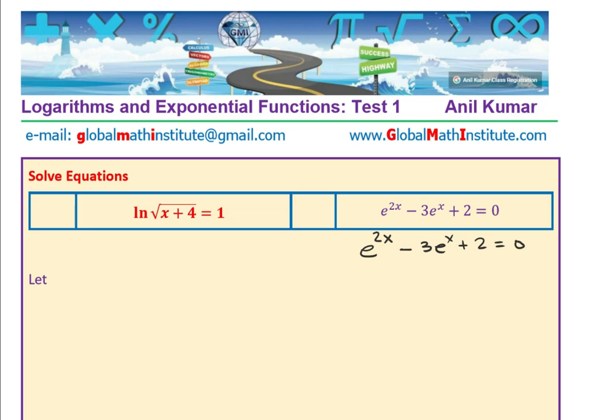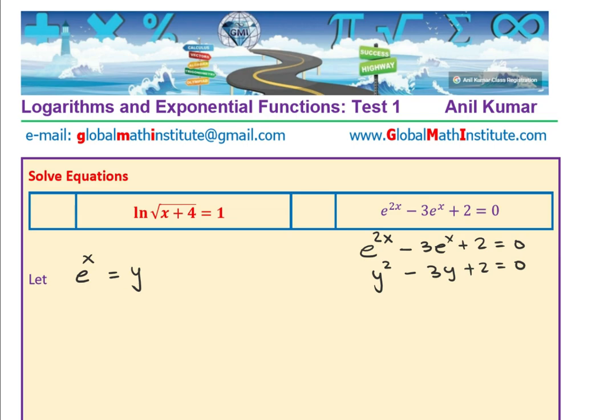That's the whole idea, right? So let e to the power of x be equal to, let us say, y. In that case, the equation becomes y squared minus 3y plus 2 equals 0.